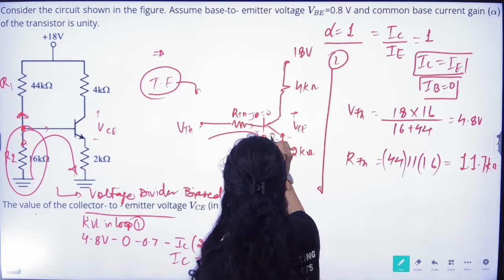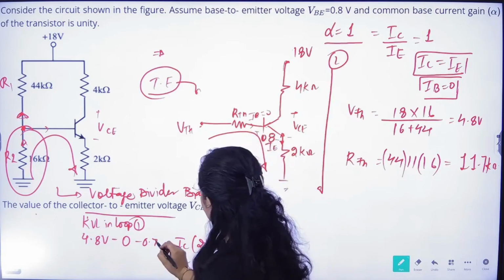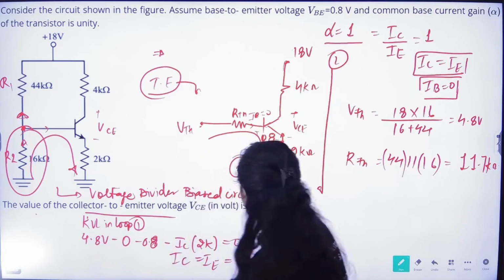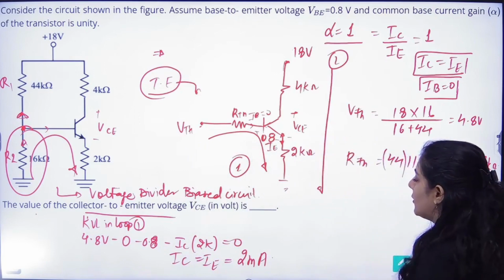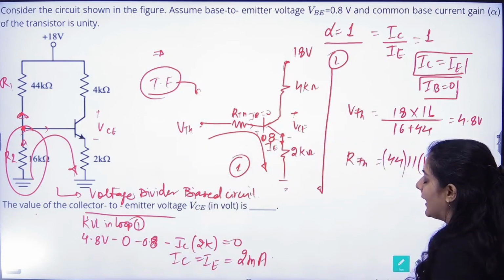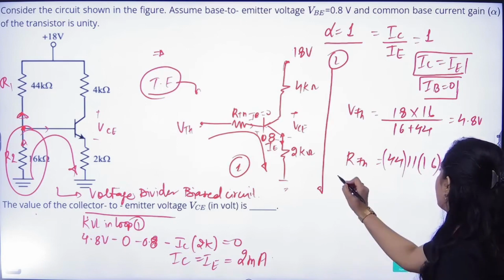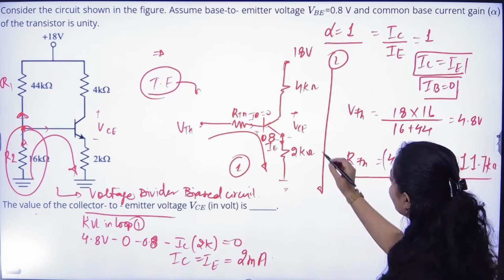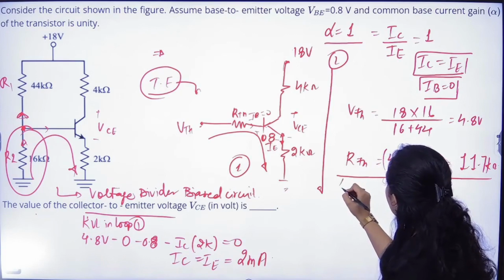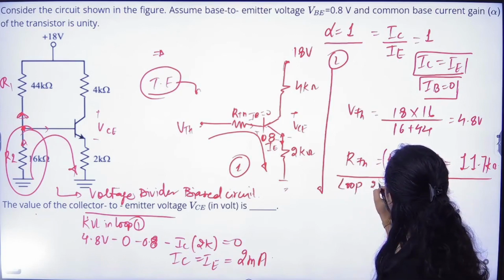VB is given as 0.8. Sorry, my mistake. Right. So IC will be equal to IE, which will be equal to 2 milliampere. Now I can easily find out the value of VC if I apply KVL in loop 2.